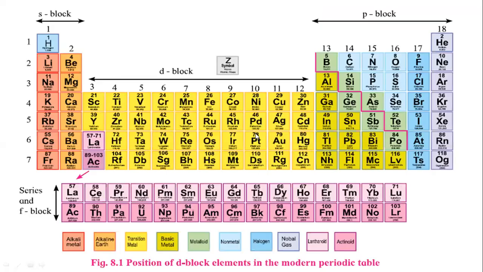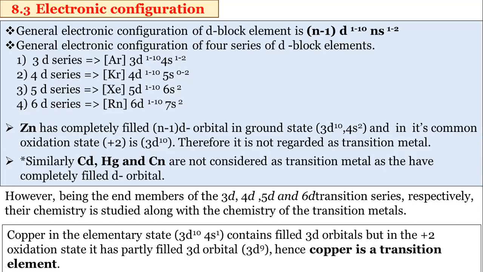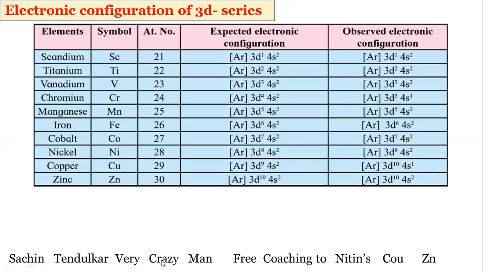If we see the ions of copper, in the case of the +2 oxidation state, if these 2 electrons are given away, from the expected electronic configuration and the observed electronic configuration, one electron is removed from the 3d.